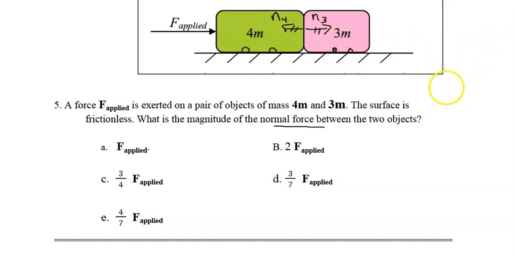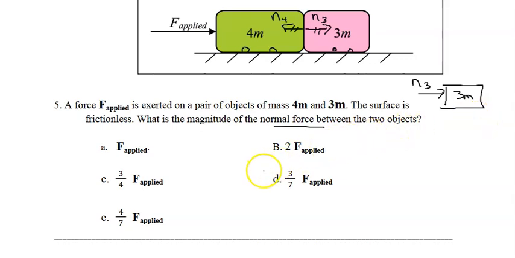So what we have to do is isolate the 3m and say this internal normal is causing just the 3m to accelerate. Well, that is 3/7 of all the mass.